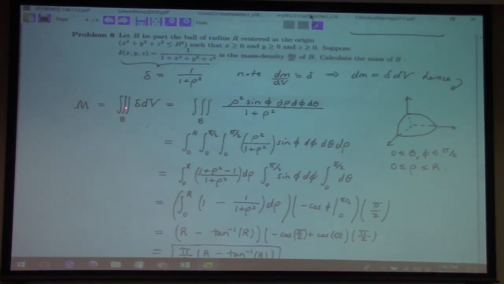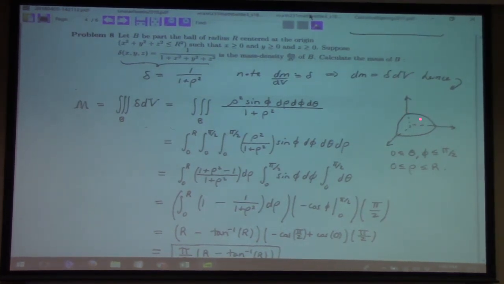So to calculate the mass, we integrate the mass density times dV, which in this case is that, because the spherical volume element, remember, is rho squared sine phi d rho d phi d theta. And I also got to be careful, right? I'm interested in this 1/8. It's 1/8 of the whole sphere, right? And this is where both the phi and the theta range from 0 to pi over 2.